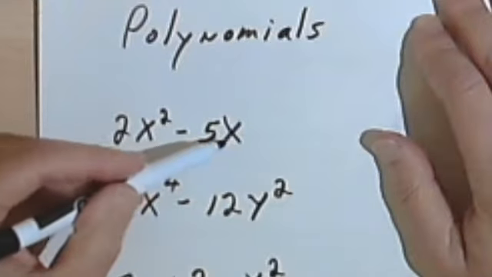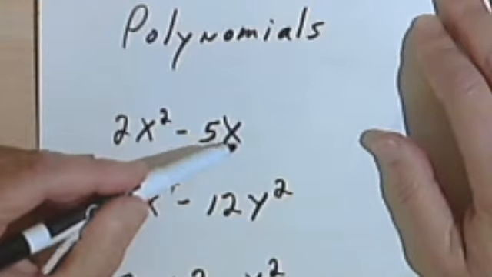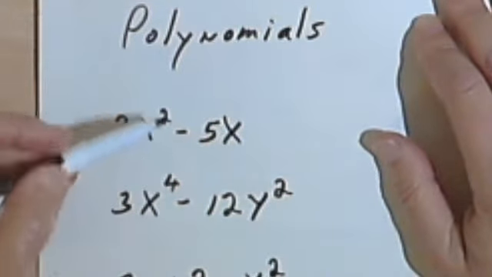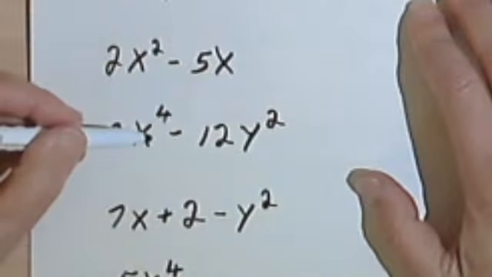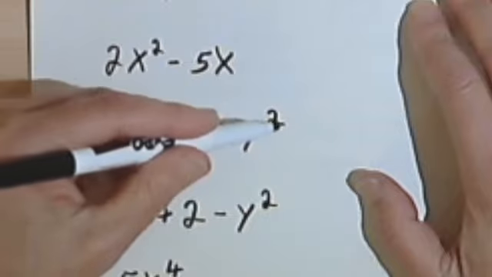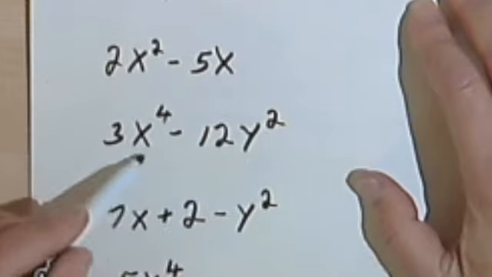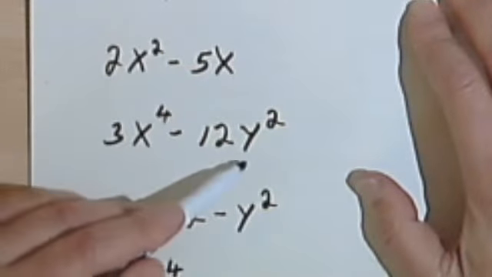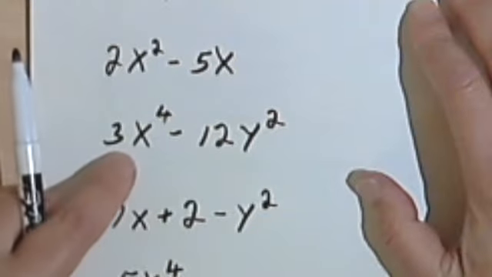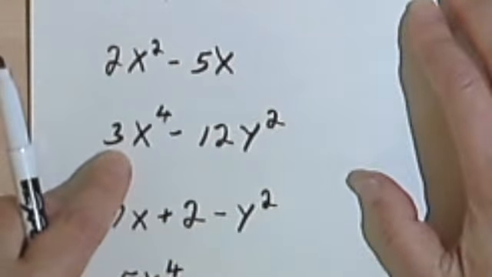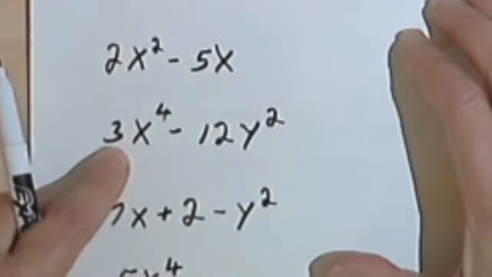Minus 5x. 5x is also a monomial. We're subtracting one from the other, so this is a polynomial. 3x to the fourth minus 12y squared. The variables don't have to be the same. I can have an x and a y. As long as both of these are valid monomials, and they are, then I've got a polynomial.